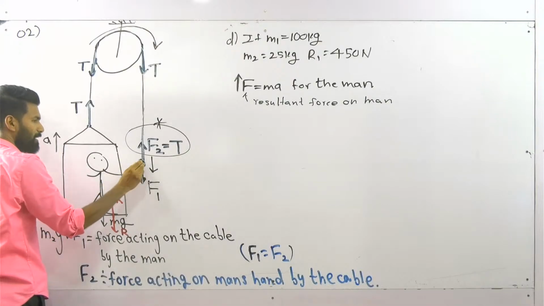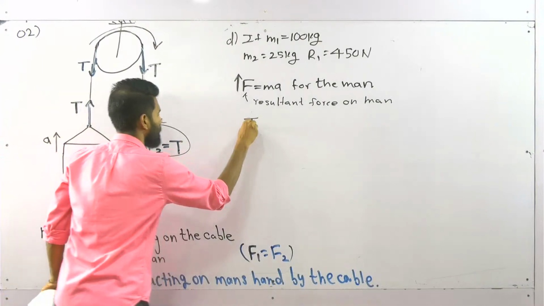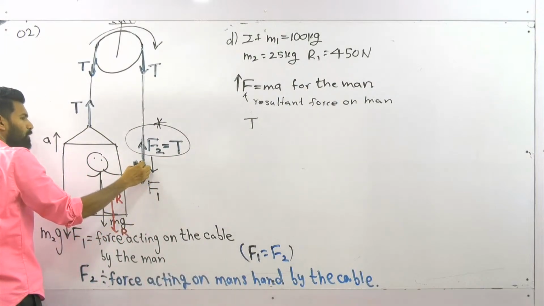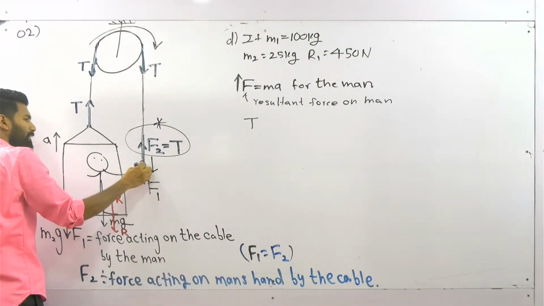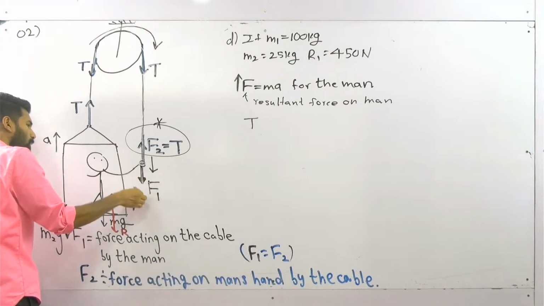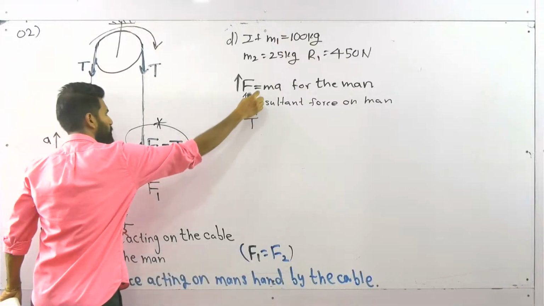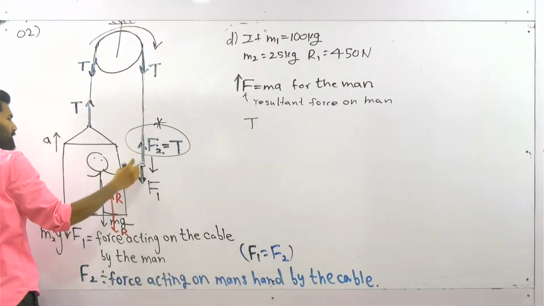On the man's hand, there's an upward force, a tension T, that attracts the man's hand upward due to his pulling of the string downward. What are the external forces acting on the man?